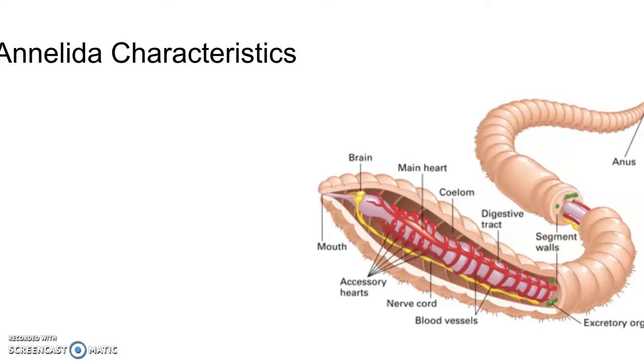If you notice here, this worm is segmented, you can see the segments even from the outside, but internally you can see there is a mouth, there's a brain, the heart, and you see the coelom here, the space in between this main system and everything else, the digestive tract. The heart is all around it with blood vessels, right, that are transporting the material.